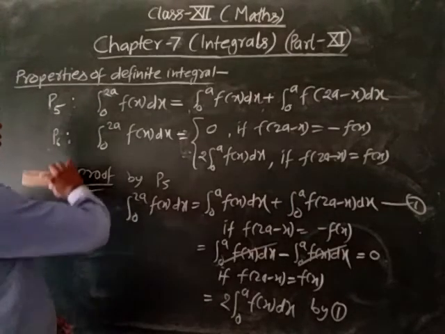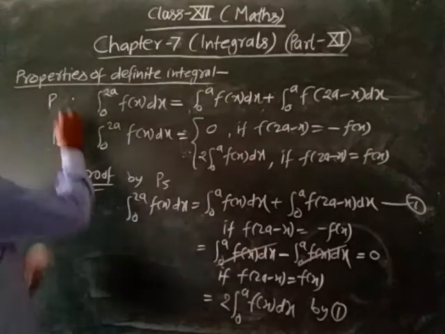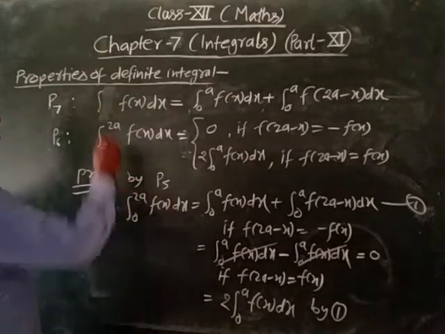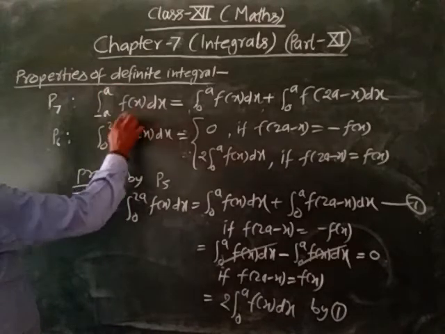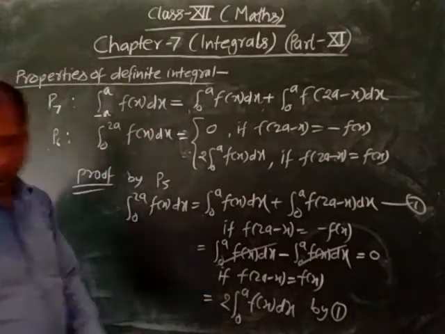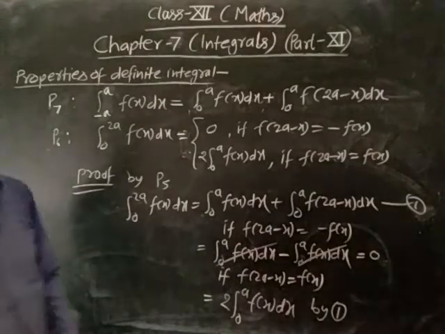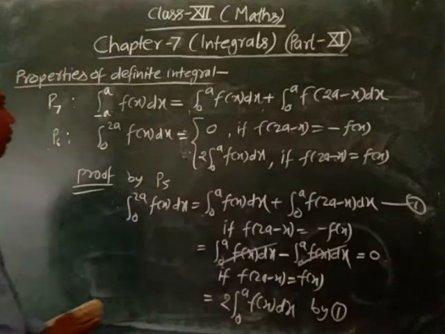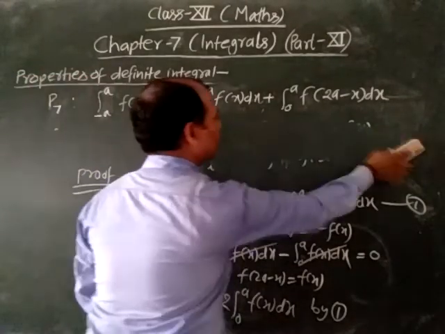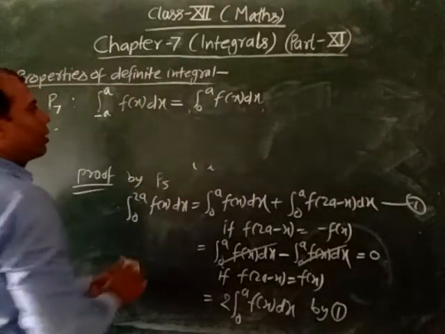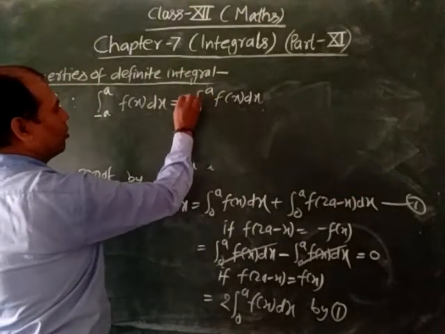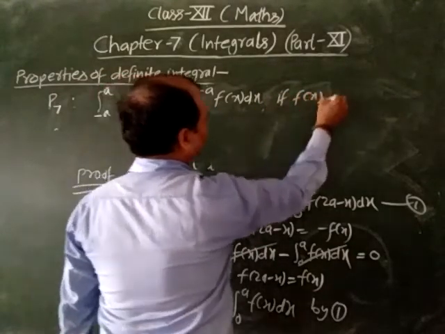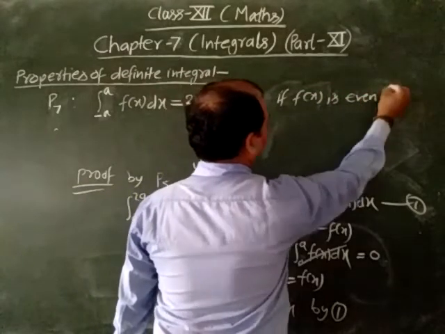Now we are going to discuss the next property, property P7. In this property, the limits are minus a to a, integral of f(x) dx equals twice the integral from 0 to a of f(x) dx if f(x) is an even function.